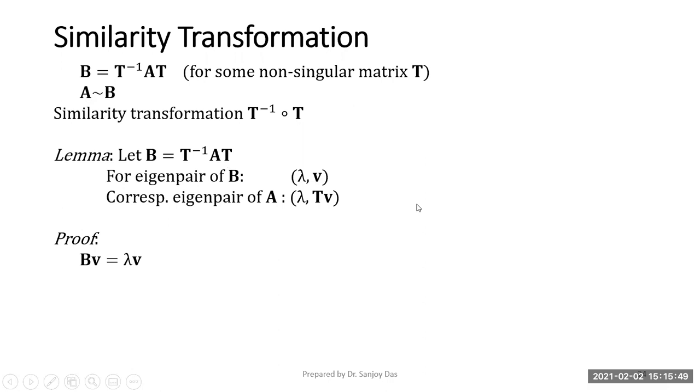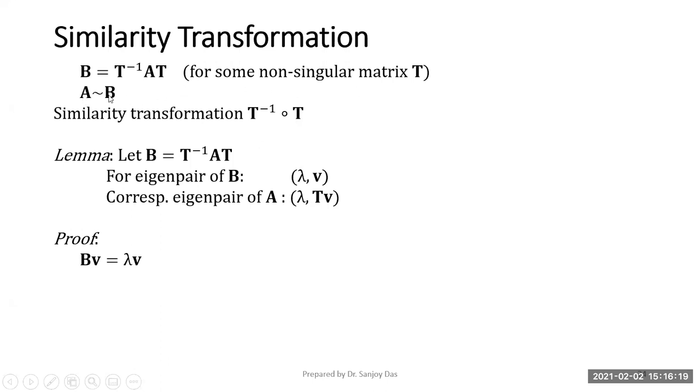Proof. Sorry, what was that? Did I have a question? Yeah, Doctor, what does it mean that A and B are similar? This is the definition of similar. This is what we call a similarity transformation.